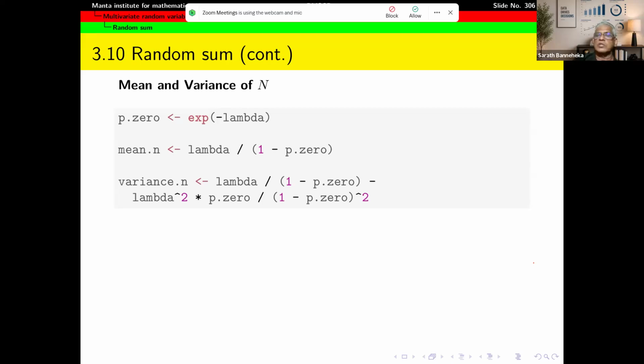That was the normalizing constant. So that is the theoretical mean, and then the theoretical variance. Again, I had an expression earlier. I calculate using that expression: lambda over 1 minus P0, minus lambda squared times P0, divided by 1 minus P0 squared. That is coming from the expression that we obtained. So these are the theoretical mean and variance of N.